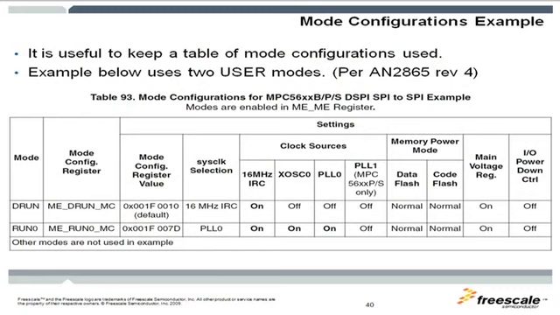I found it handy at least to keep track, if I'm going to have different modes, and build a table. And all the examples in the application note, the MPC5500 and 5600 Simple Cookbook, all of these examples for the Bolero have this table in here where I just keep track. Out of reset, I'm in this D-run mode, and the configuration for that is in this register, and the system clock is this, and these are the clock sources that are on, and these are the other things on or off.